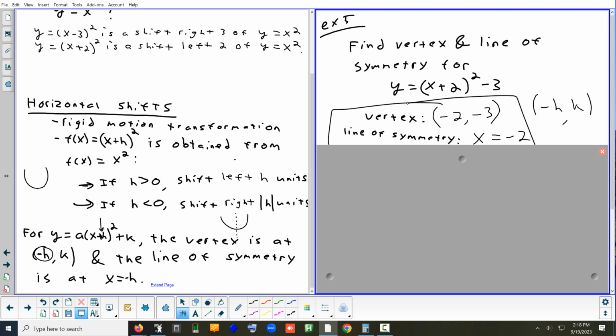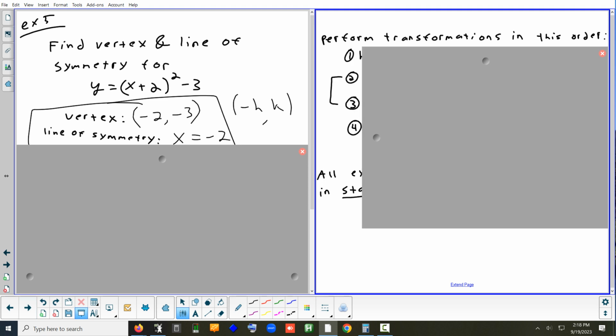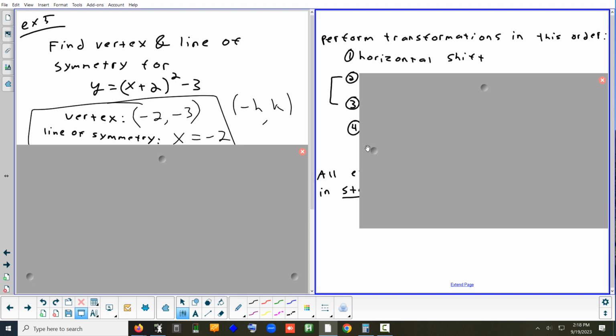Now, I told you earlier that when you have a lot of transformations, like shift left, up, reflect, stretch, you have to write them in a certain order. Anytime you have multiple transformations, the first transformation you always want to write down is any horizontal shifting, left or right.